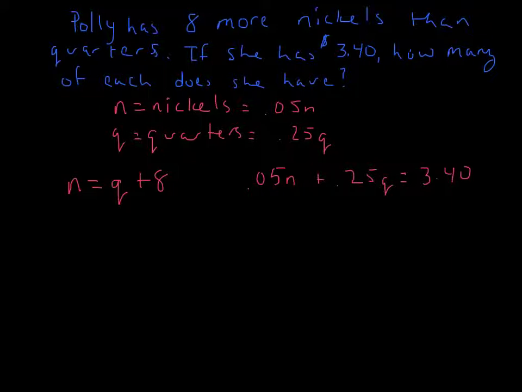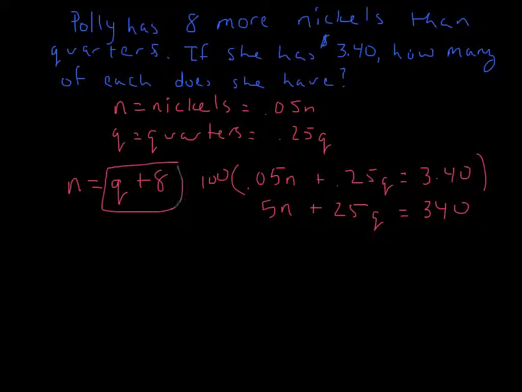But we have to remember now that we have to get rid of all these decimals again. Okay, I'm going to multiply everything times 100. So 5N plus 25Q equals 340. Now we take our Q plus 8 and we plug it in for N. So 5 times Q plus 8 plus 25Q equals 340.